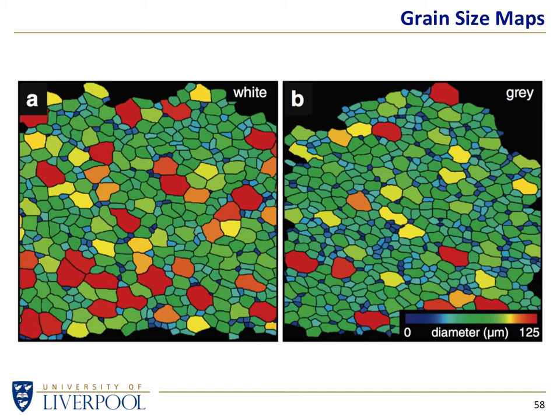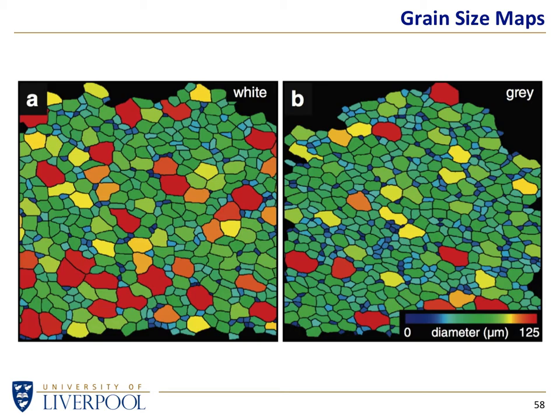And again, to come back, this is not natural color in this particular case. We're not looking at the colors produced by a polarization microscope. Here, when we've extracted and analyzed the grain structure for white marble and grey marble, we can, if we wish, paint in the colors of the grains simply by size.